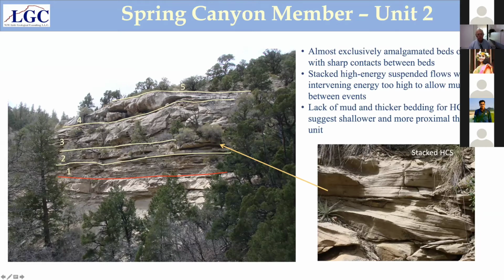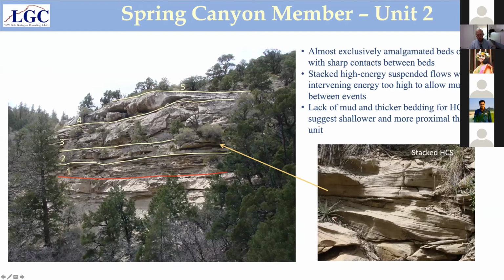So as with the Panther tongue, we've gone from a setting where the energy is low enough to allow the accumulation of mud, and then it's punctuated by very high energy events, to only the high energy events are preserved.